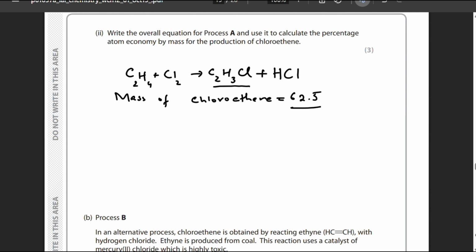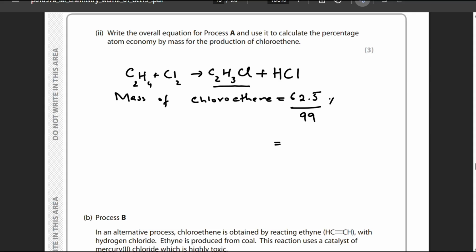1 mole of chloroethene is equal to 62.5, and if you look at the total mass of products, it's 99.